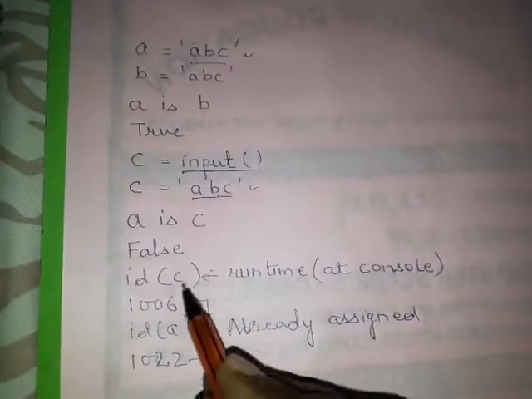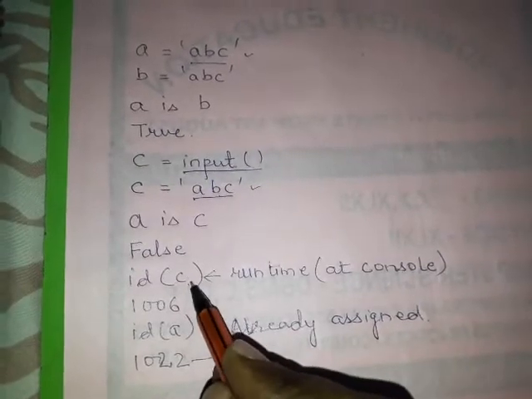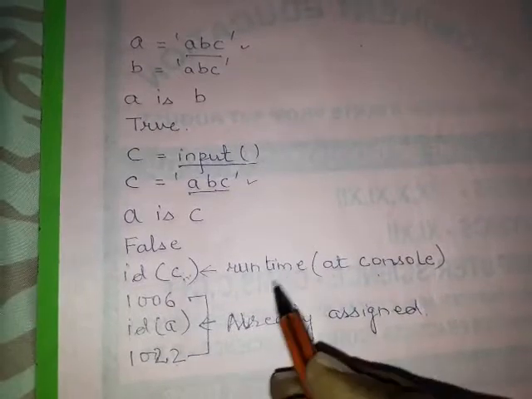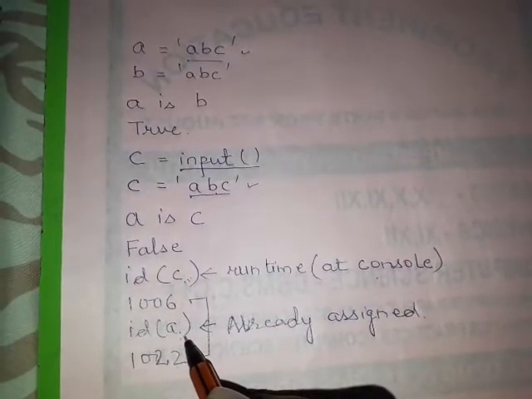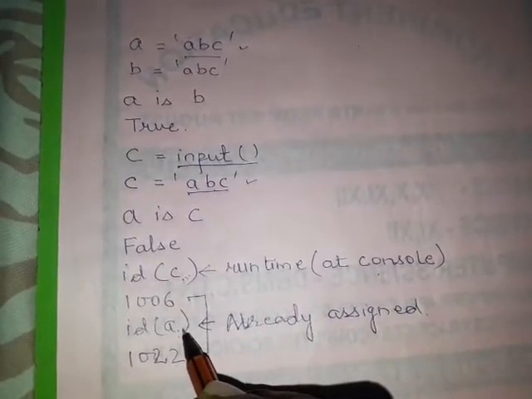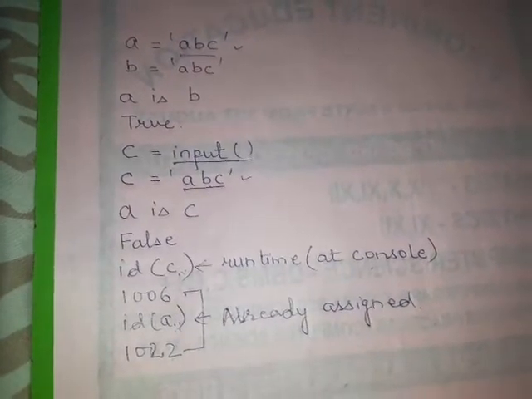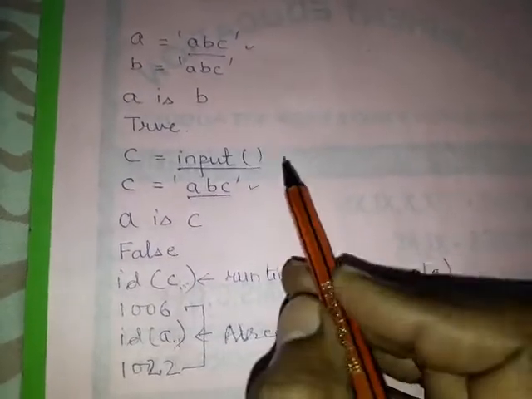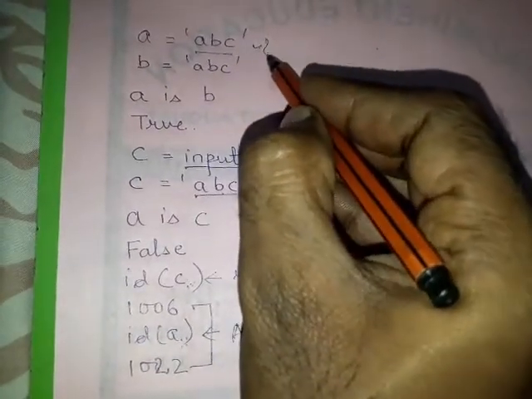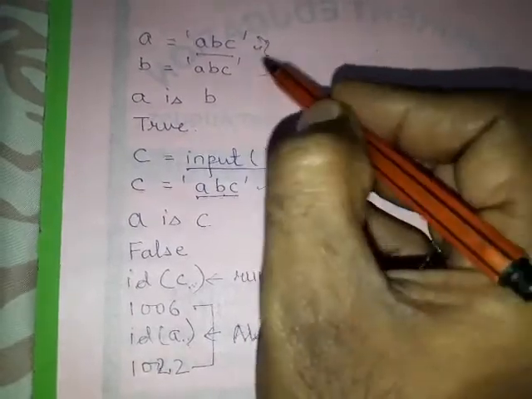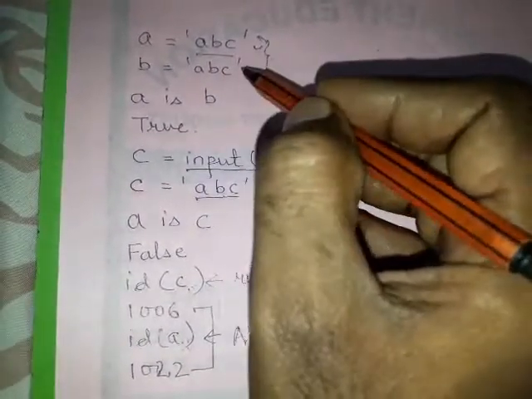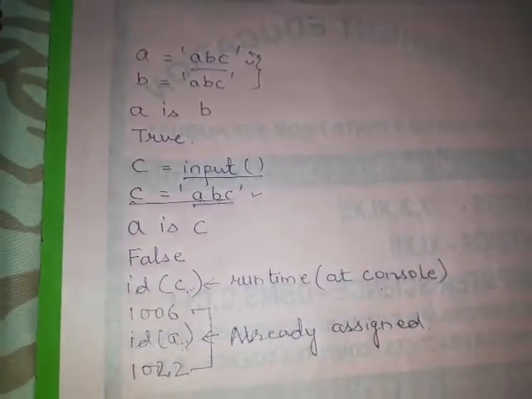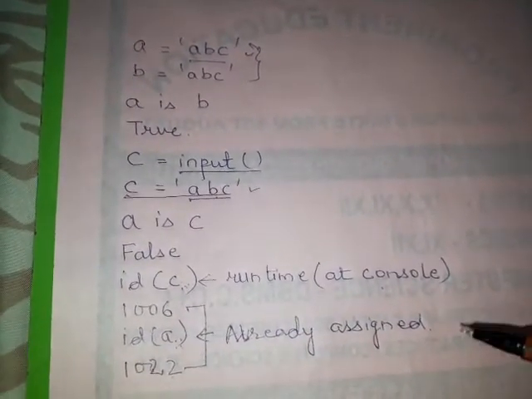It means in both cases the same value is given, but one is given at console at runtime, and the same value is already initialized in the program, then the ID of both these variables is not the same in case of string. So these have the same ID because you initialized them at the same time while making the program, but this one does not have the same ID. So this is the special case of string, remember it carefully.